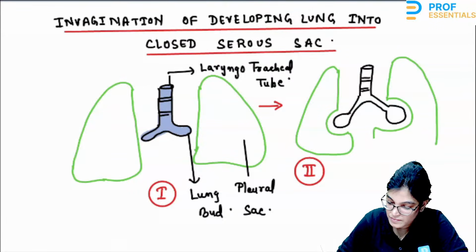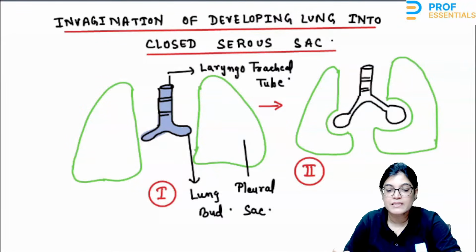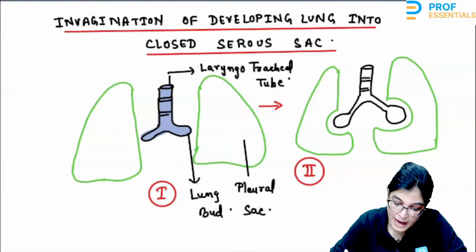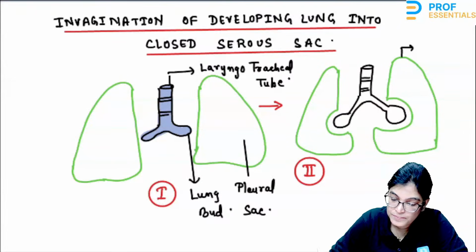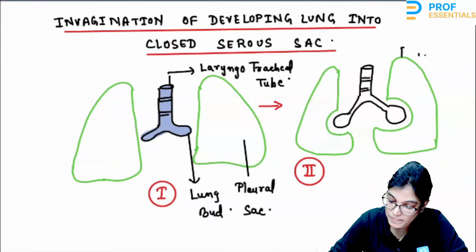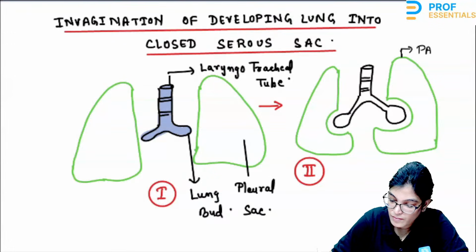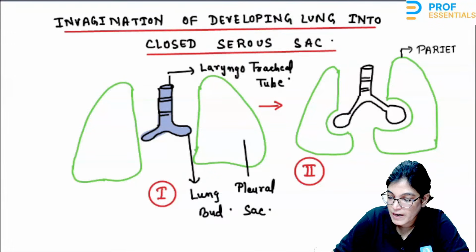Now, this will be the parietal pleura, my dear students.